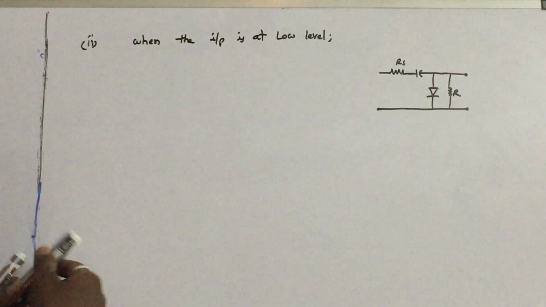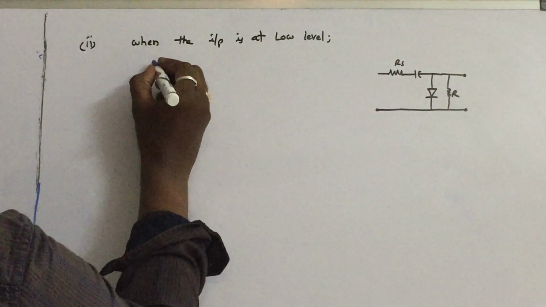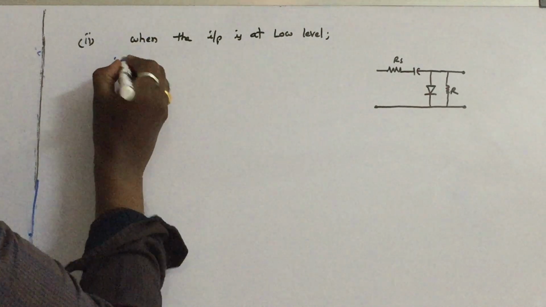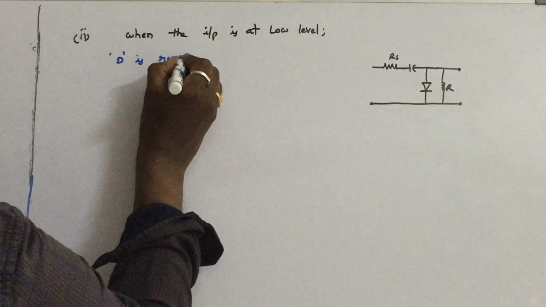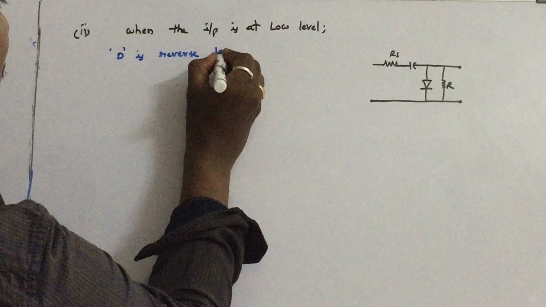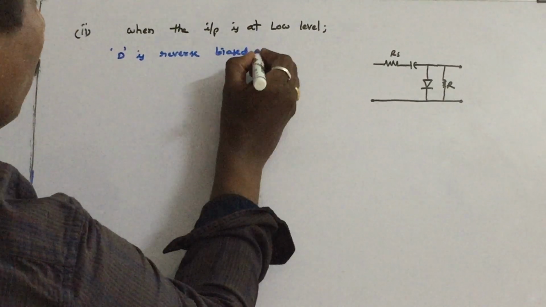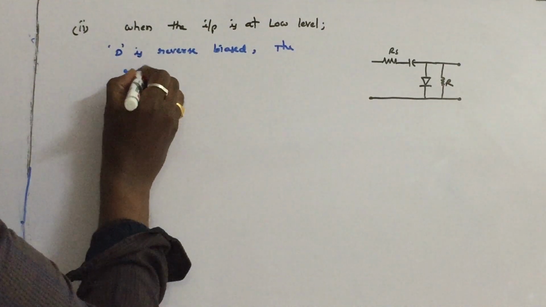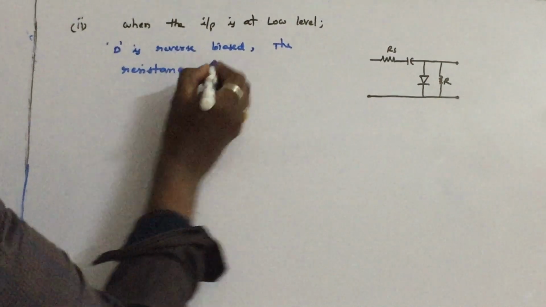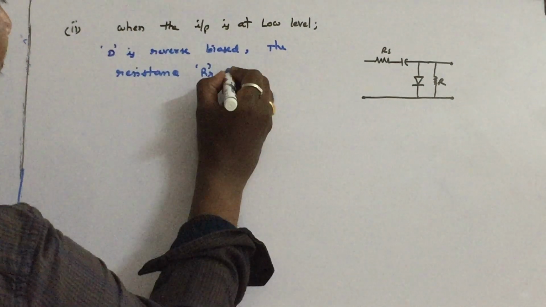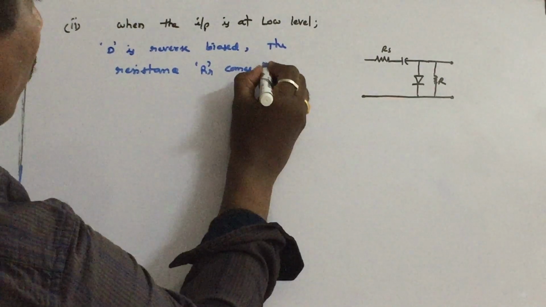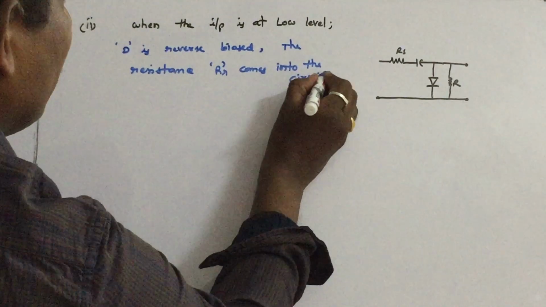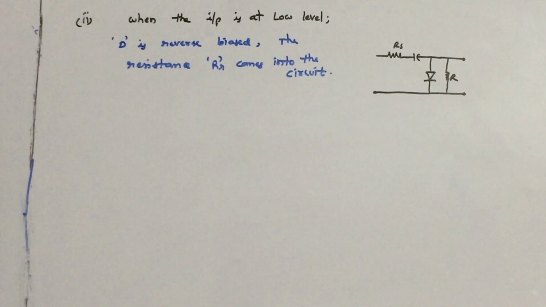When the input is at low level, the diode D is reverse biased. Therefore the resistance Rr comes into the circuit, that is, the diode is replaced by its reverse resistance Rr.